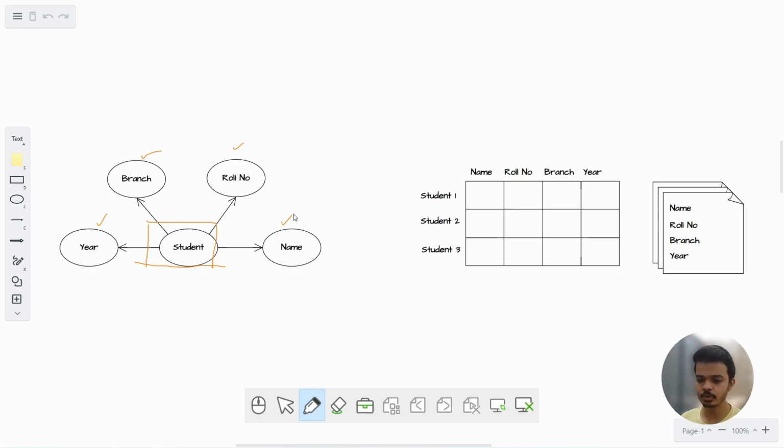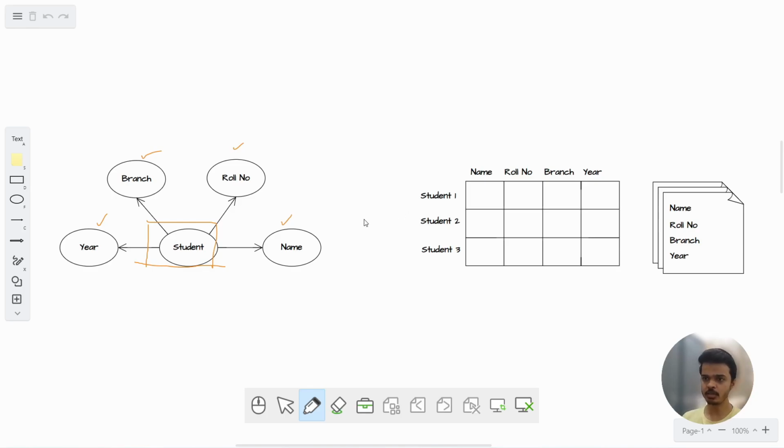Will you find this data for all students? Each student will have a name, roll number, branch, and the year in which he is studying, right? So such kind of data you can store very easily in the form of a table.